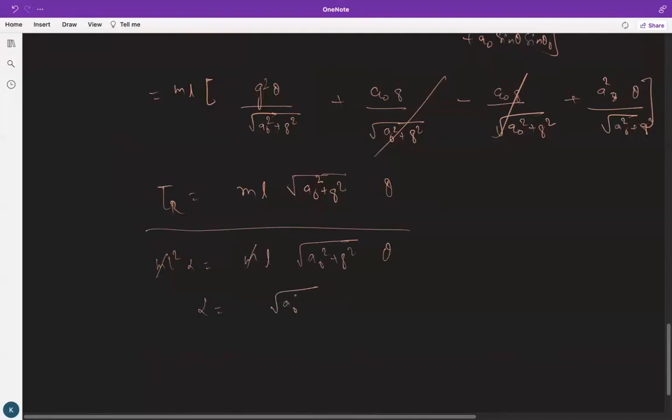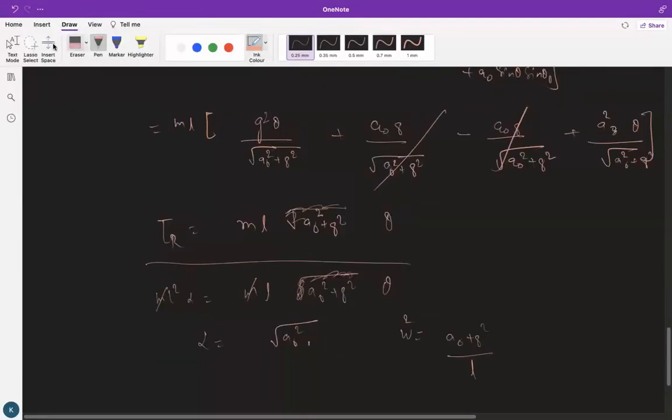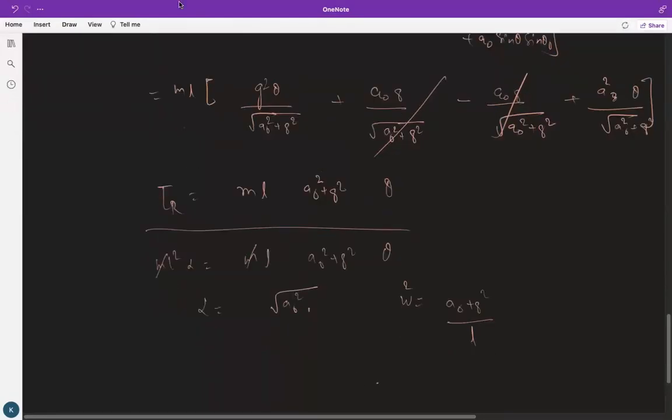There was some calculation error. So omega square is equal to root under a naught square plus g square by L, okay? Let me put it right: omega square is equal to a naught square plus g square by L.